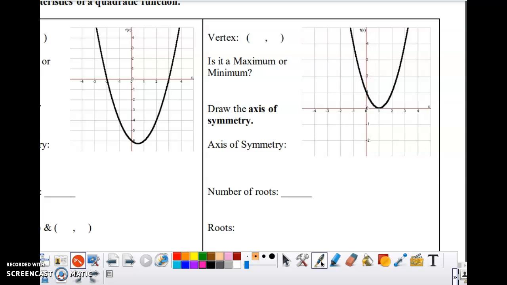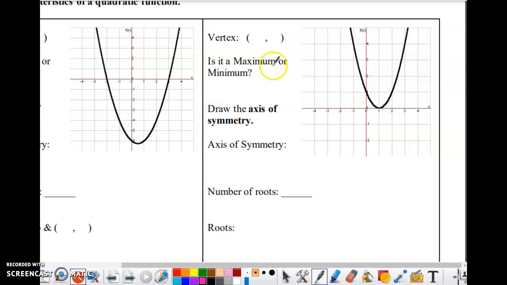So it's asking for a maximum or a minimum. Remember, this opens which way? How is it opening? Since it's opening upward, it has a minimum, a lowest point. And that lowest point is at (1, 0).